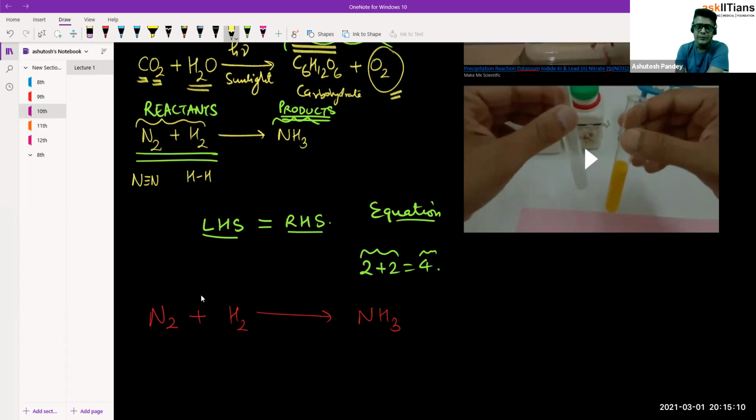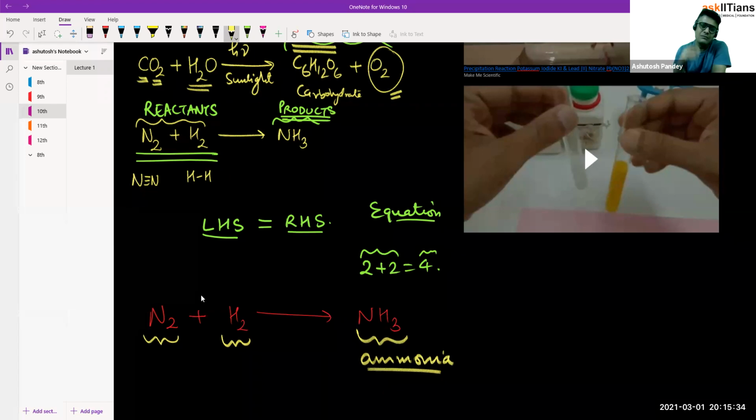We will learn it, but let's see here that it was present as nitrogen and hydrogen, but here we are not going to call it nitrogen or hydrogen. We are going to call it ammonia. So it is a totally different compound, a different substance.